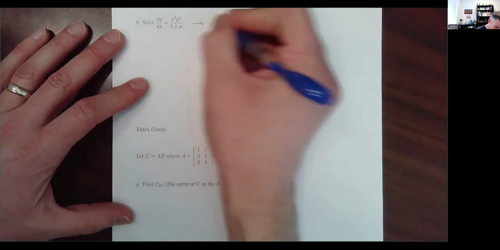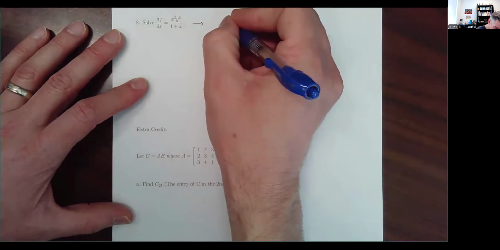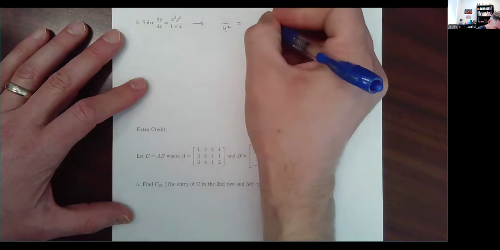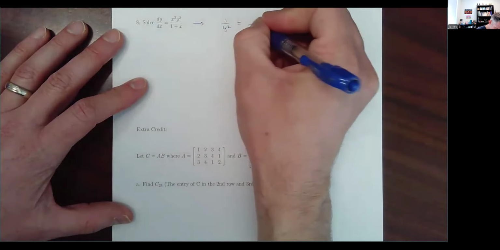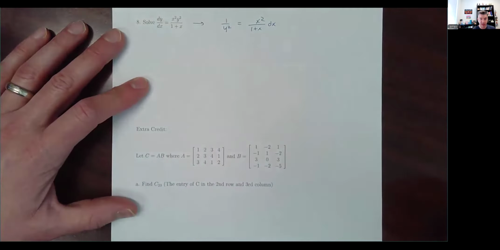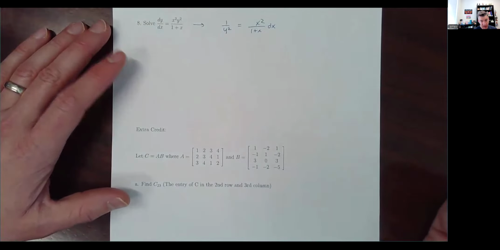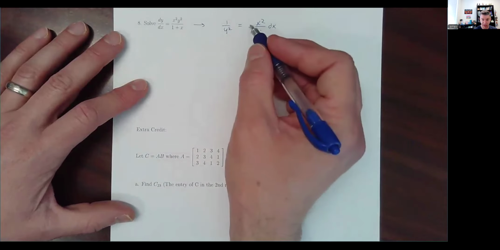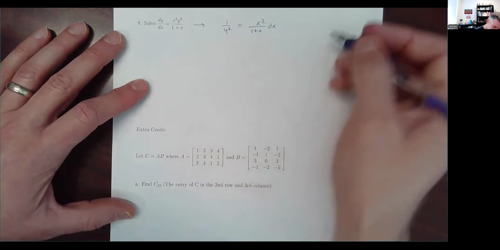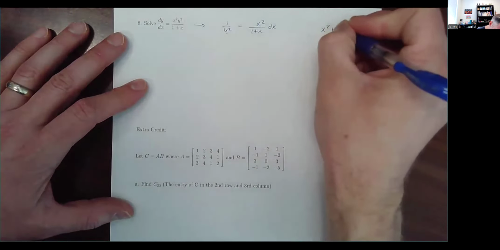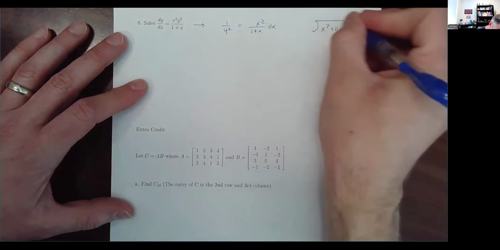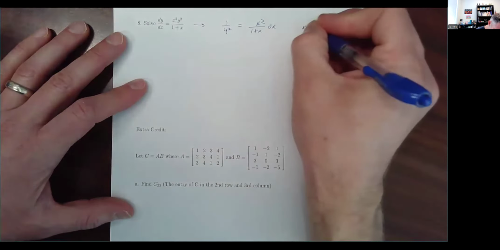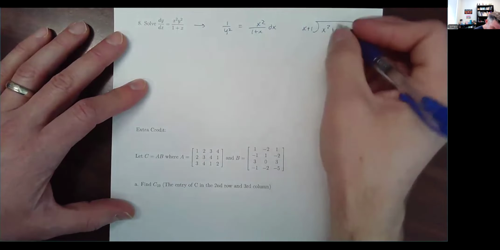First, separate it. So you've got y on the left, x on the right. And then my preference, instead of doing a u sub with a back sub, is to iterate x squared over 1 plus x to do polynomial division, because your degree on top is bigger than or equal to your degree on the bottom. So x squared plus 0x plus 0 divided by, I would prefer to write this as x plus 1 instead of 1 plus x. X is in the x squared x times.